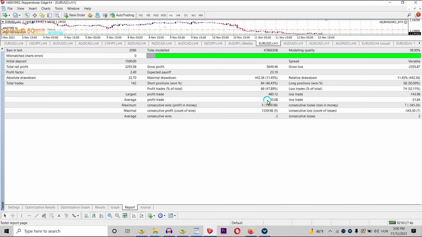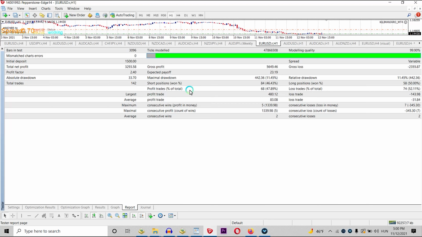And as you can see here, the average profit trade is much larger, more than double the average loss trade. So we have a greater than 1 to 2 risk to reward ratio. That is great. That's what we are looking for.